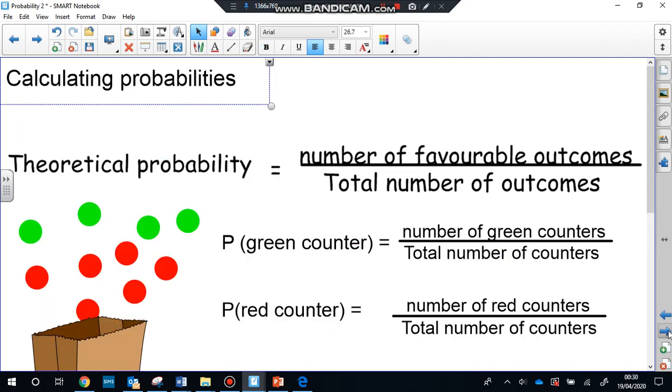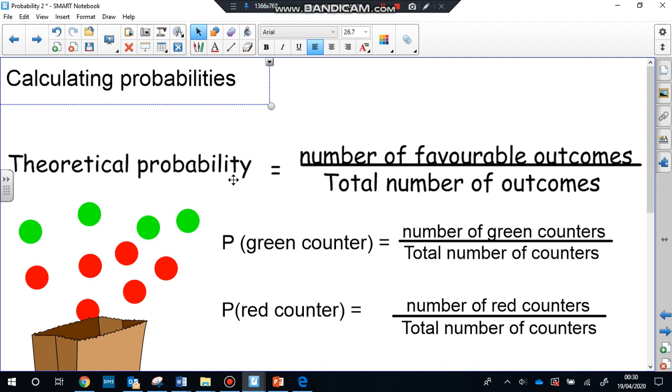Okay, so how do we calculate probabilities? We've talked about theoretical probability. Theoretical probability means it's what should happen. It's not what will happen, okay? It's what we would expect to happen. So for example, if we were throwing a dice, we could get a 1, a 2, a 3, a 4, a 5, or a 6.